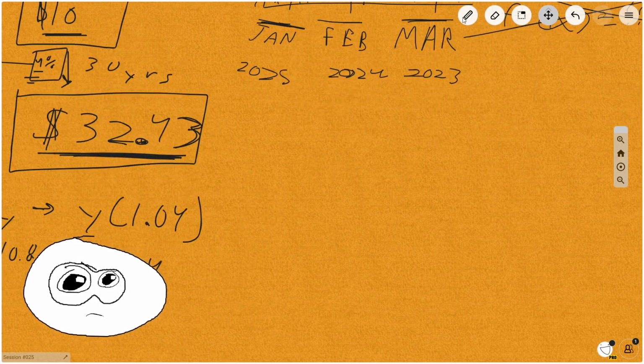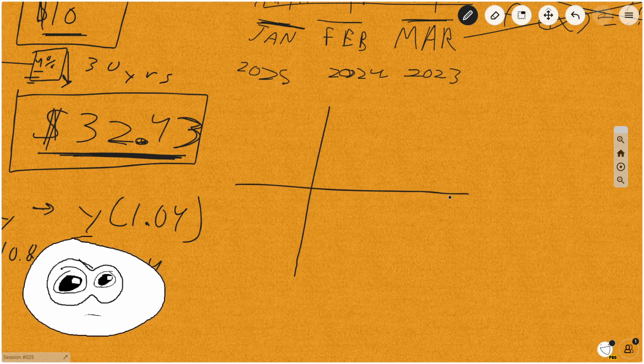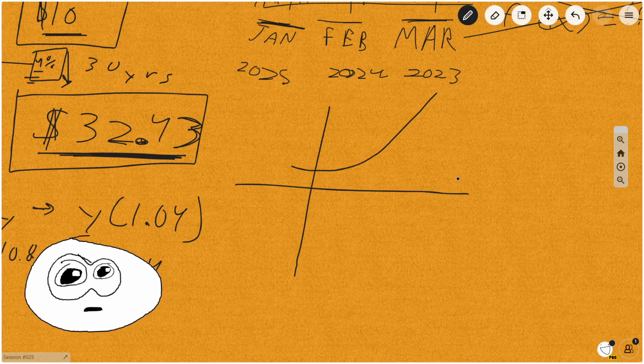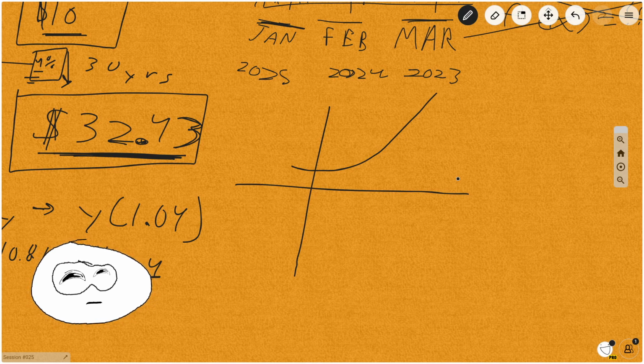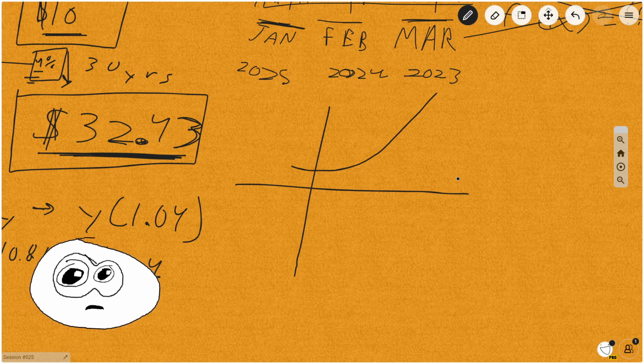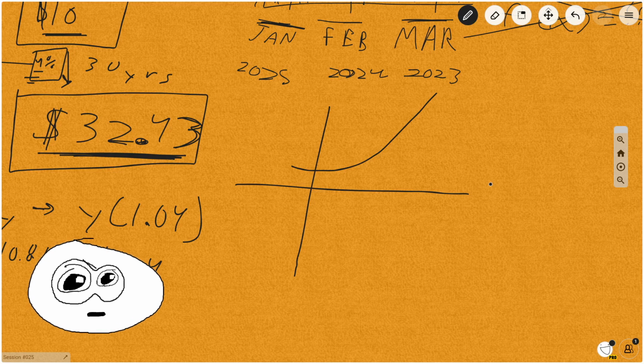A linear function, well, maybe it is. I forget. Because I think linear just means it's a straight line. But here, it just goes up and up and up. And the more time you put into it, the more the interest multiplies upon itself, and it goes higher and higher and higher, right?